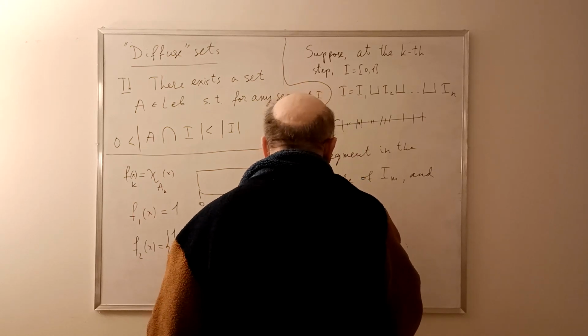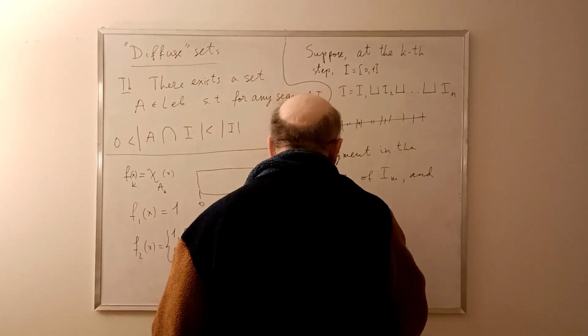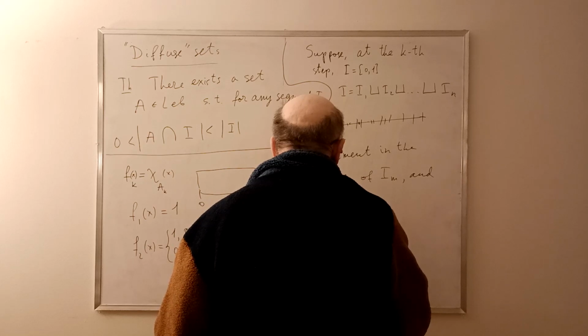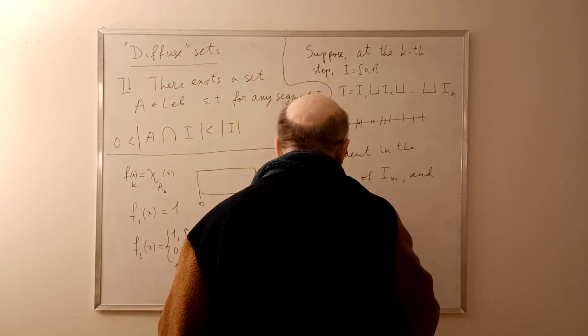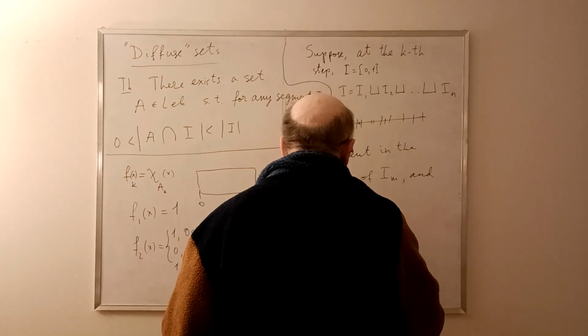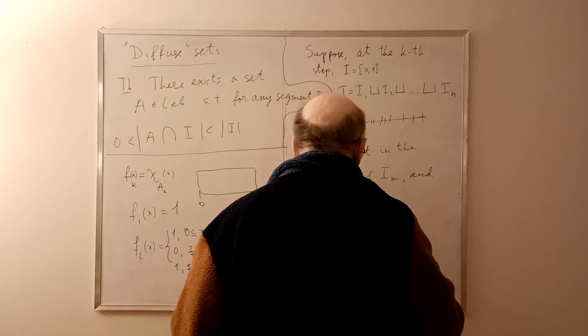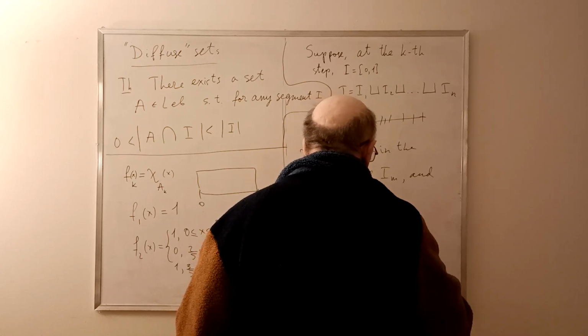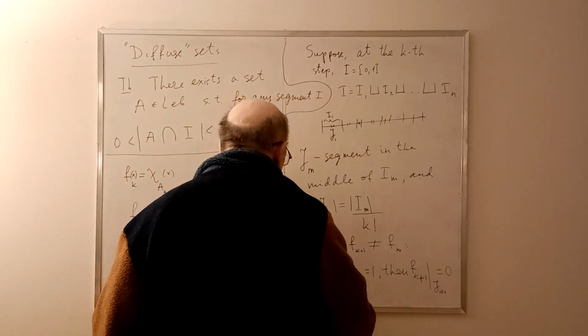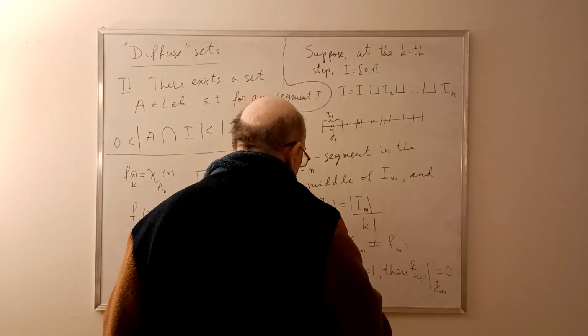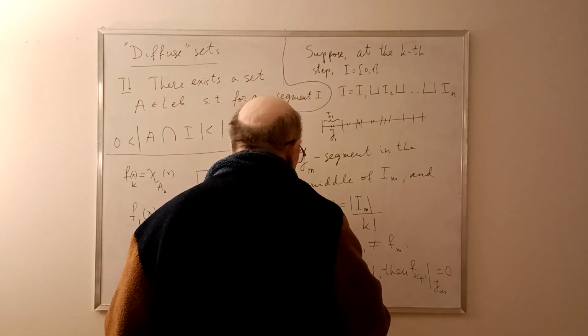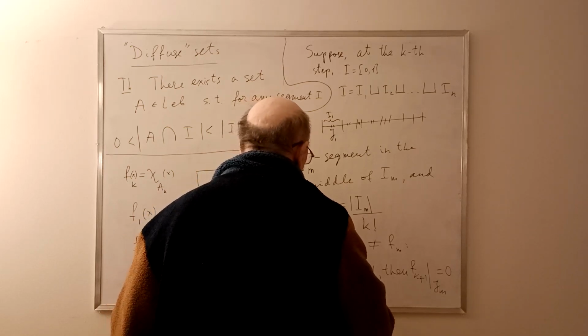If fk on Jm equals 1, then f(k+1) on Jm equals 0, and 0 goes to 1.